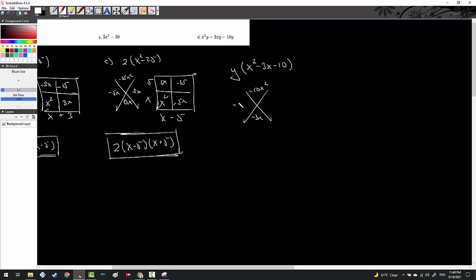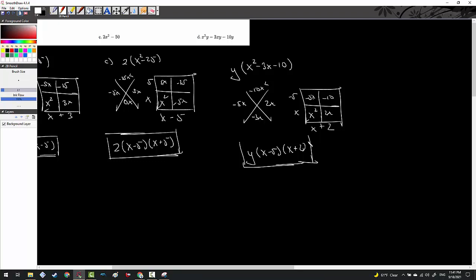It looks like negative 5x and 2x. X squared, negative 10. So negative 5x and 2x here. X, negative 5, and 2. So y parentheses x minus 5 times x plus 2. And again, notice I did not forget the GCF that we pulled out. Please don't forget.